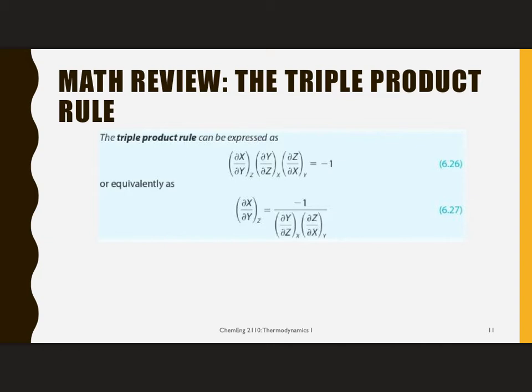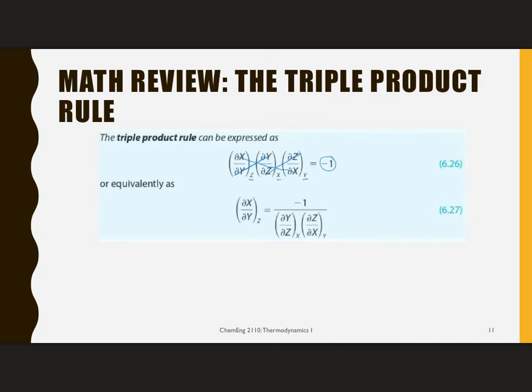Visually, I like this because these appear to cross out, but the key thing is that every variable is repeated one time and only one time in the path. And the x's also cross out. So everything seems to cross out, but my path is different for each one of these.